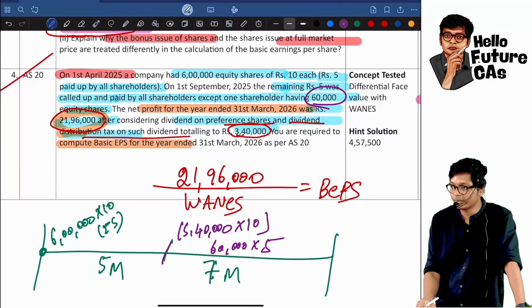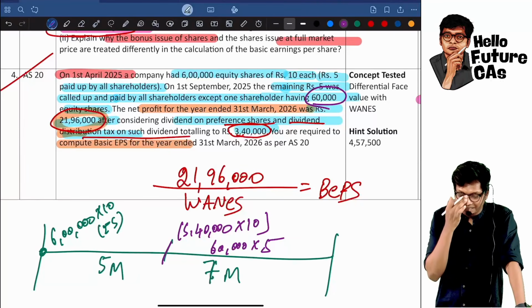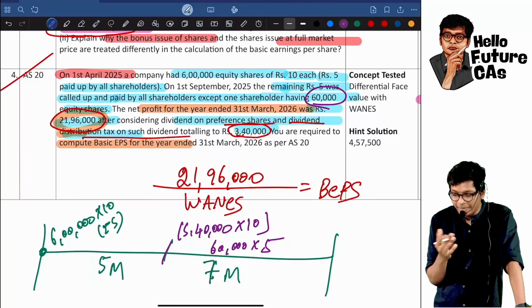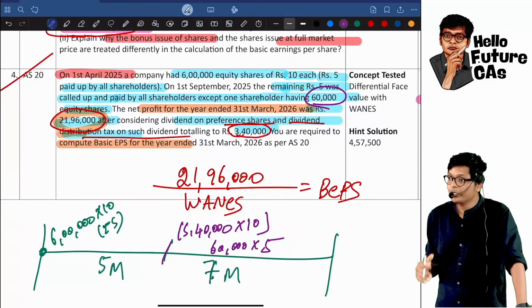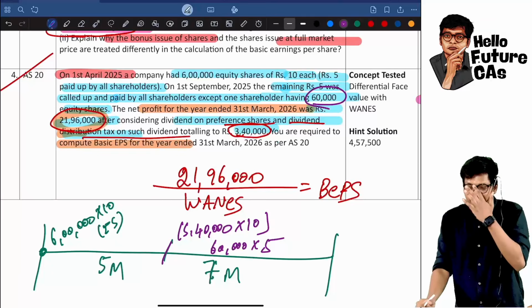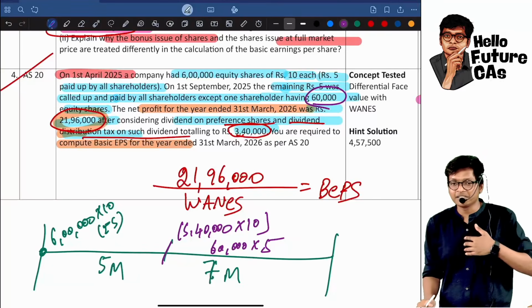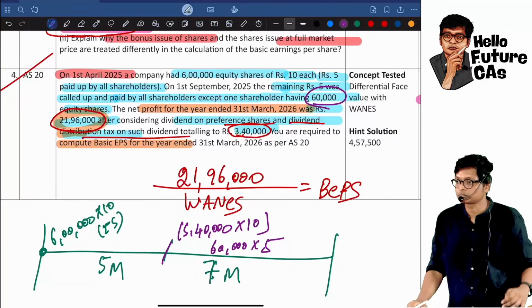Now you got the breakup. So for the first 5 months, it is anyway 5 rupees per share. For the remaining 7 months, we have 10 rupees per share and we also have 5 rupees per share. Now you have to compute Vains. Your choice: convert everything to 10 or convert everything to 5.